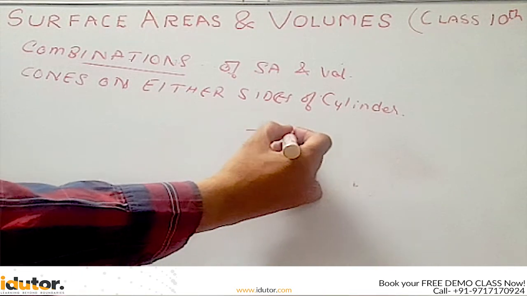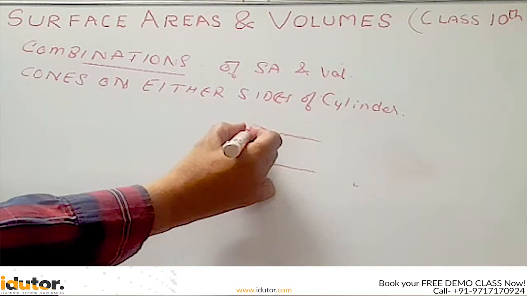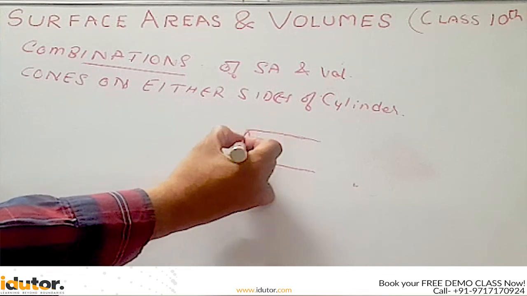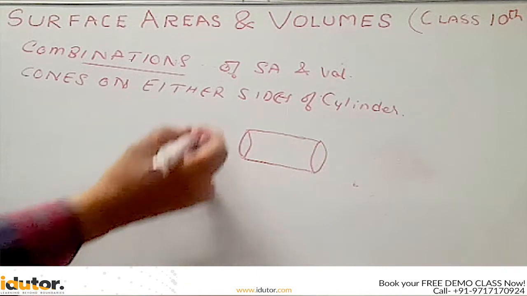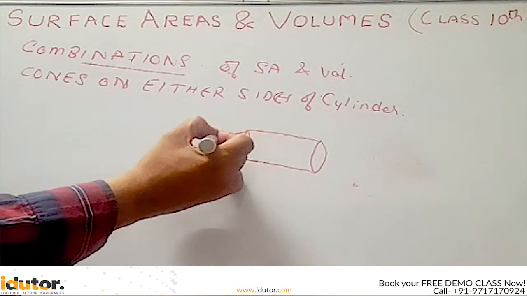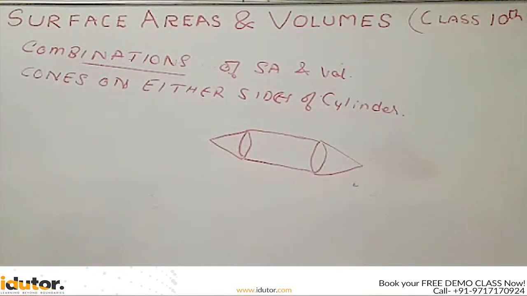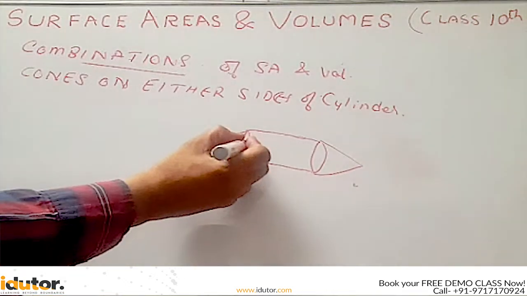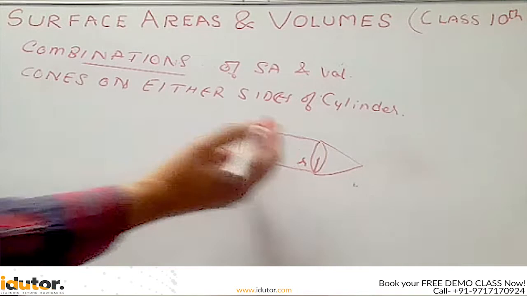So we are making a horizontal type of cylinder with circular ends, and then we have the cones on either end, here also and here also. We can say that the radius is the same on both sides, because it is the radius of the cylinder on both sides.